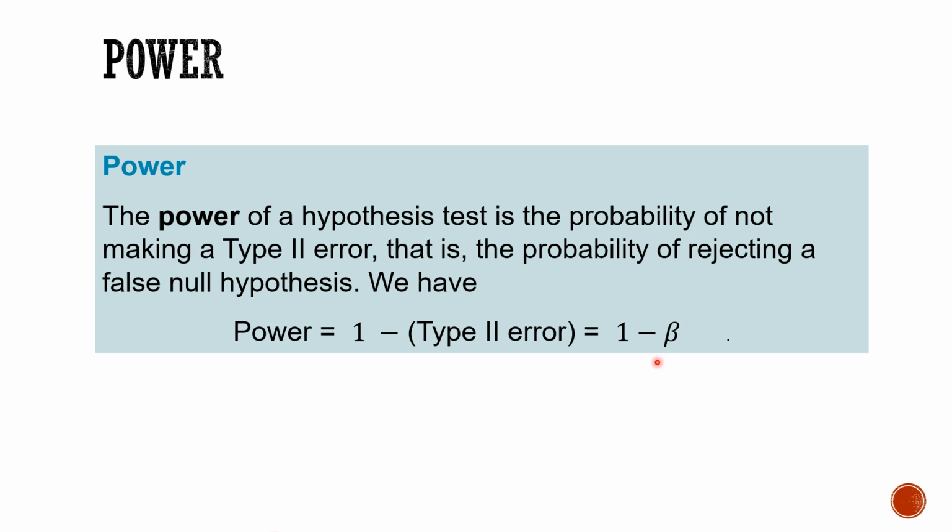In other words, it's whatever the area of the reject region is in the newly scaled diagram that we get after replacing the null hypothesis mean with an alternate mean.